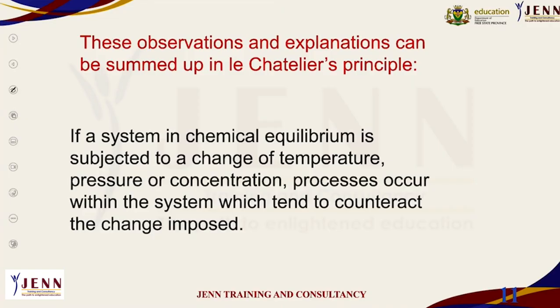So if you put something in on the left, the concentration is going to shift to the right. If you put something extra in on the right, it's going to shift to the left. If you increase the pressure, the system wants to decrease the pressure. If you increase the temperature, the system wants to do the opposite and decrease the temperature. So that was your summary last week in the table.